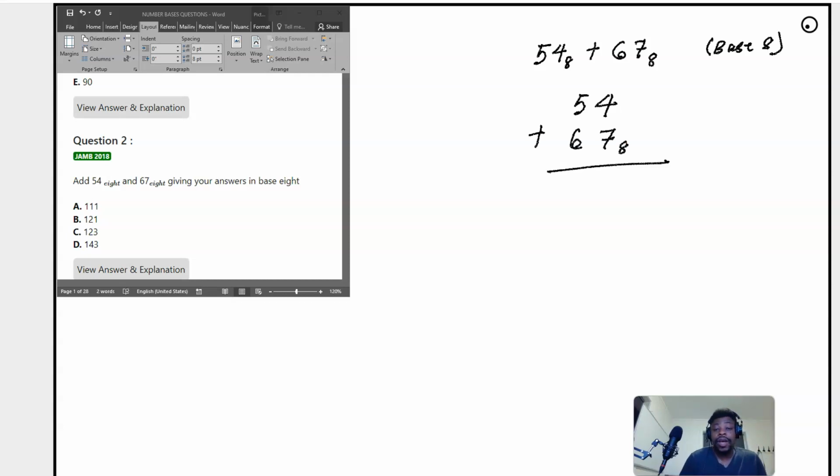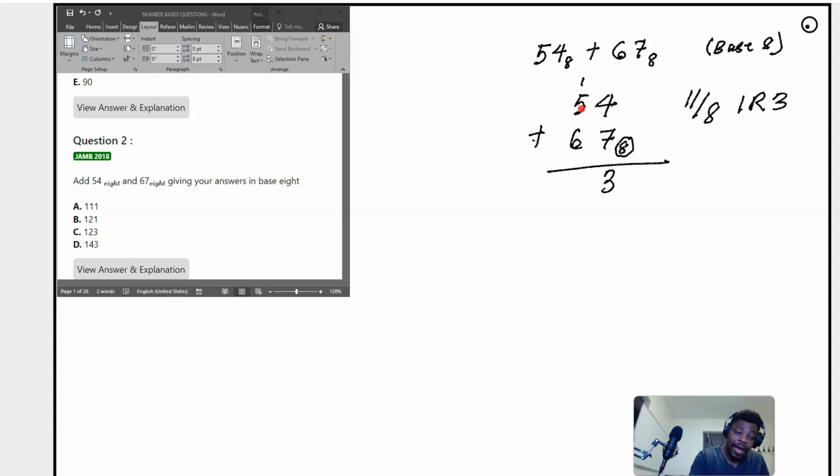Remember, whenever you are adding any number that is equal or greater than the base, you divide, from our previous video. So 4 plus 7, 11. 11 is greater than the base, so you divide 11 divided by 8, 1 remainder 3. You write the remainder and you carry 1 here.